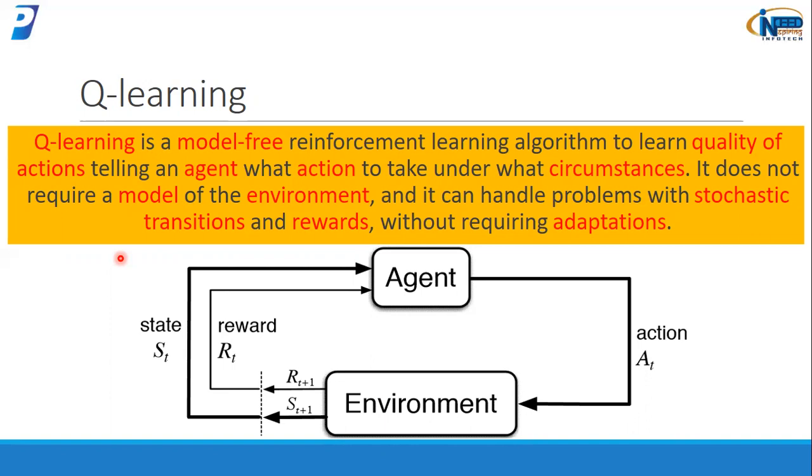So you can see in the diagram here, you have an agent and the agent performs an action. While the agent is performing an action, the environment is giving back the next state, that is st plus 1, and also giving a reward, that is adding up to the previous reward. Based upon this the agent will keep on learning and modifying the actions.